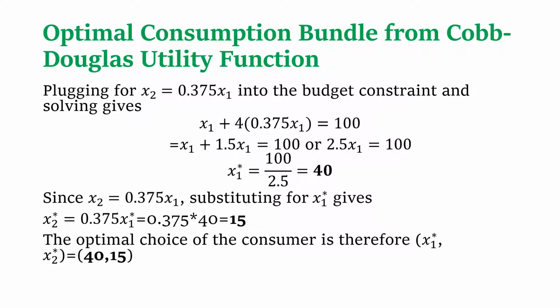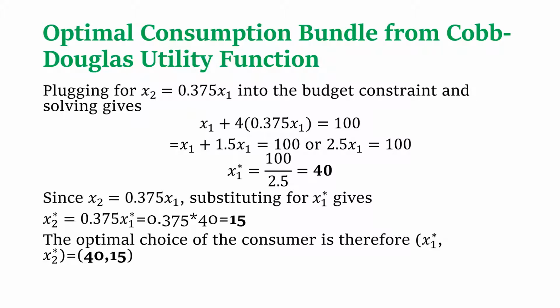So now, this is so easy, simple, straightforward. It equals 100. So 1 plus 1.5 x1 is 2.5 x1 equals 100. So what is x1 star? x1 star is 100 over 2.5, which is 40.